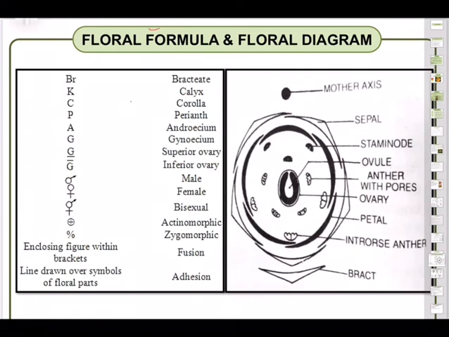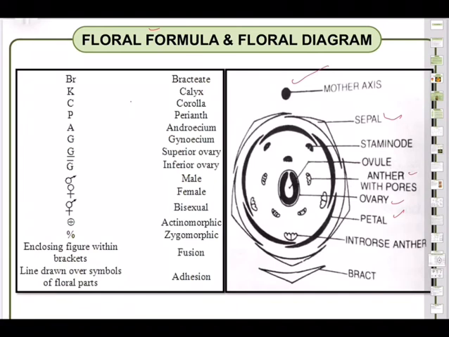Now what you are seeing here is exactly that. On the right side of the photo you are seeing a drawing, a diagram with all the parts like sepals, petals, ovary, anther.